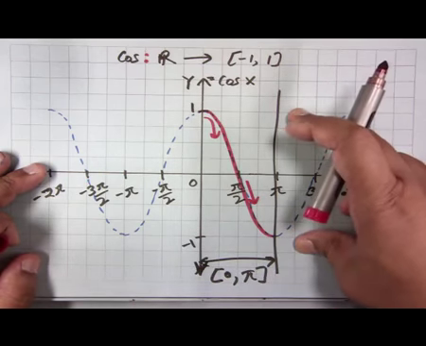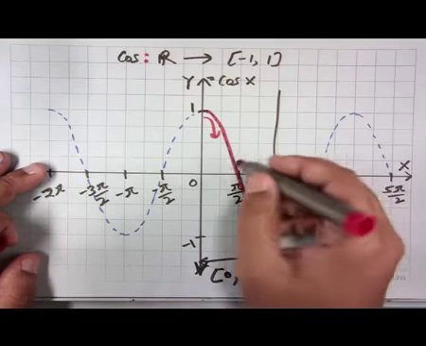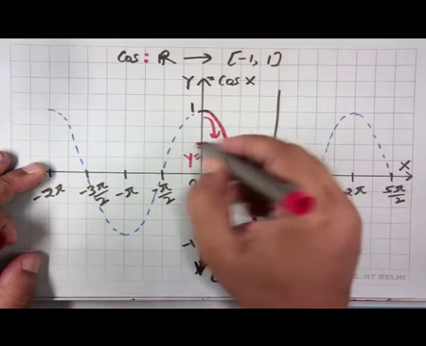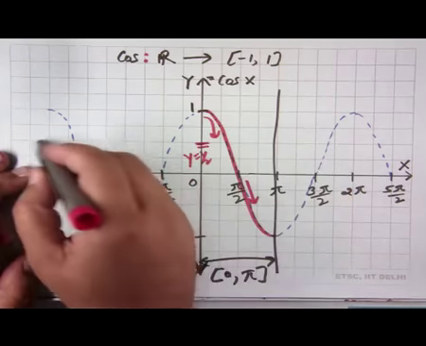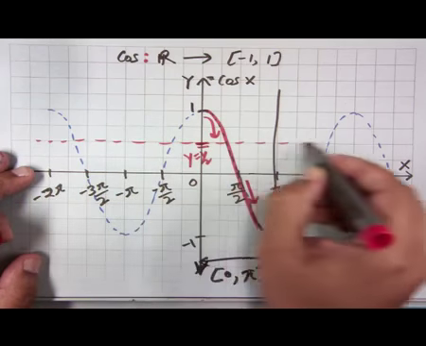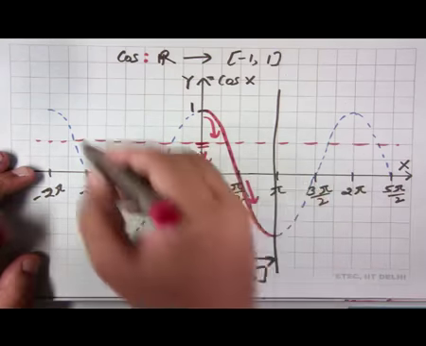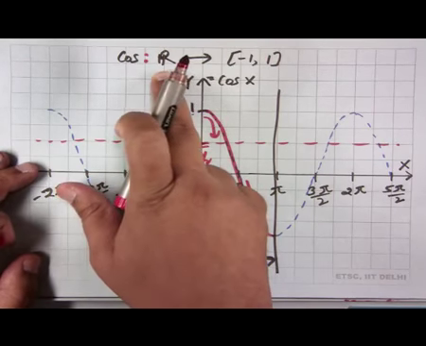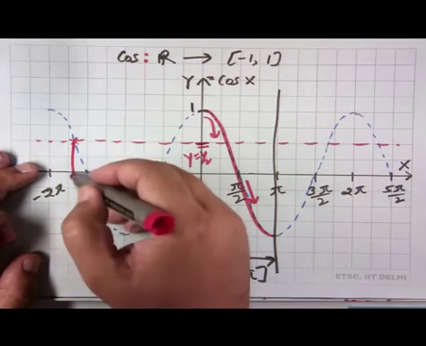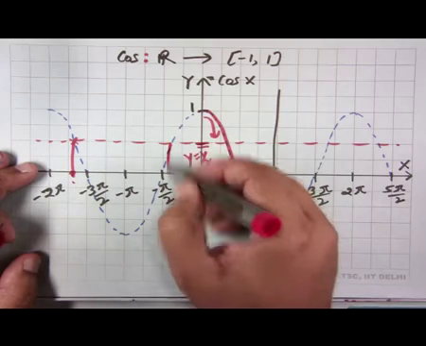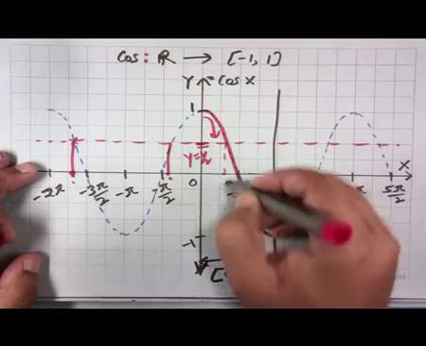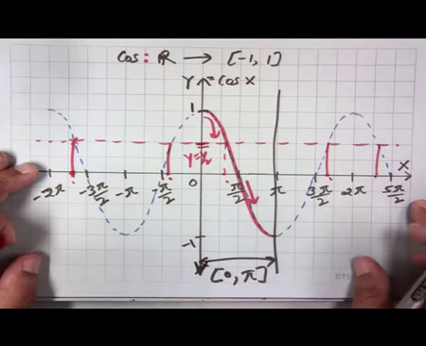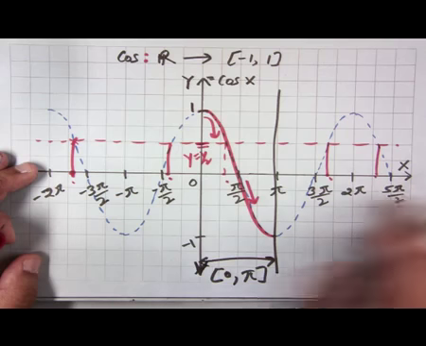Further, if we take any value of y, let us say y equal to half over here, then for y equal to half, if we look at the original cos function whose domain was the entire real line, we will have many different values of x here, and another value here, and another here, similarly another here, and here also, so infinitely many values of x for which cos x is equal to half.